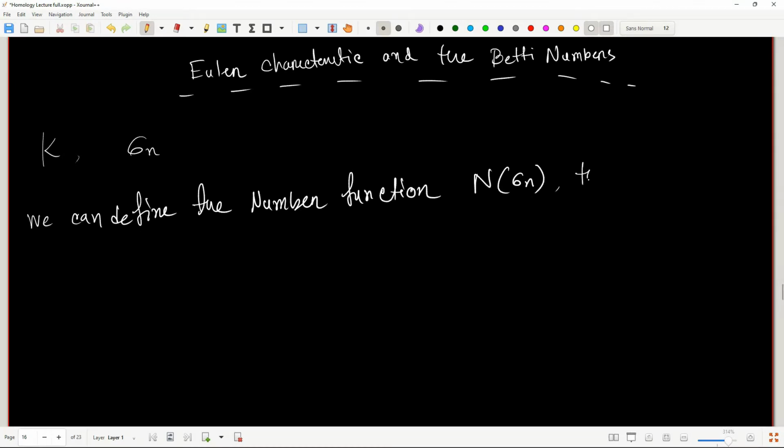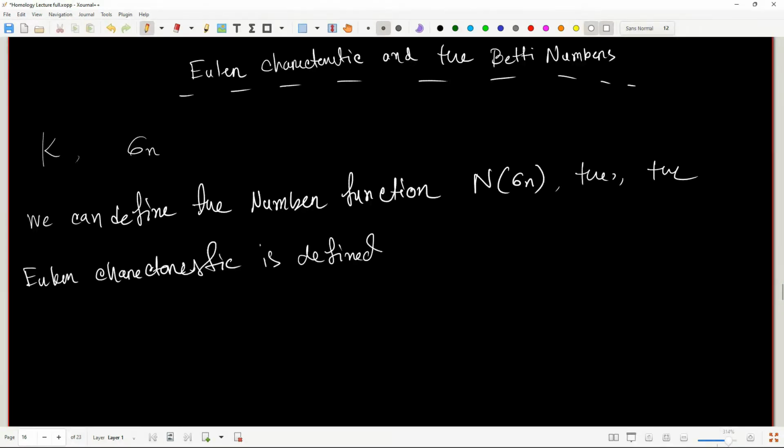Then the Euler characteristic is defined as: psi of K is equal to the sum over i from 0 to infinity of minus 1 to the i, because you can take a large number of it, so that's why I'm putting this to infinity.